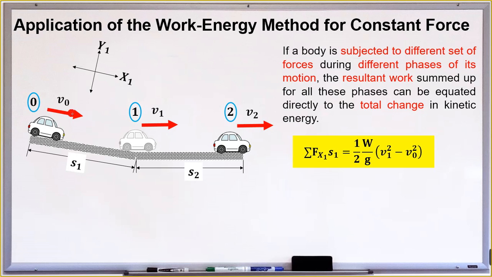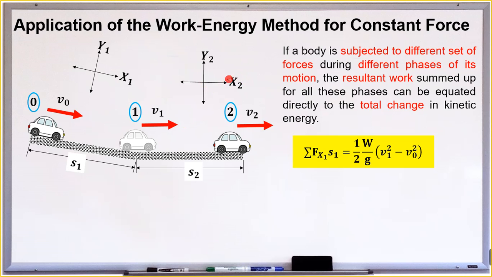So from the initial position with initial velocity v naught squared, minus the final. Again, the formula for kinetic energy is final velocity squared minus initial velocity squared. So we just equate.